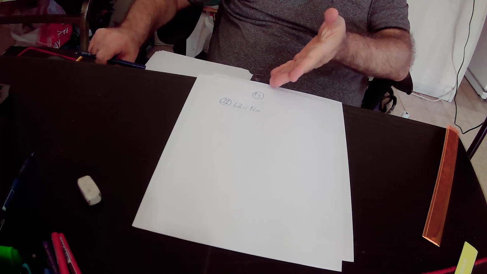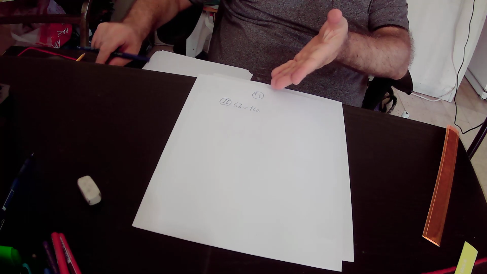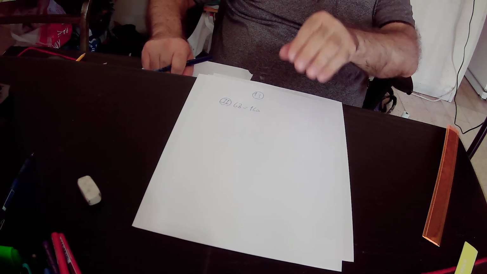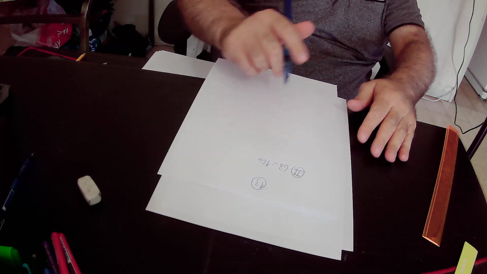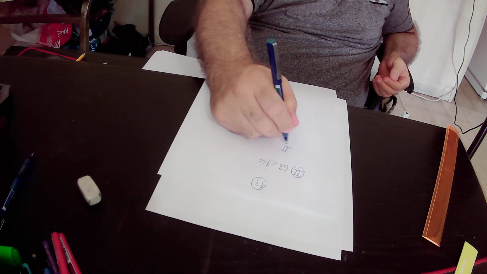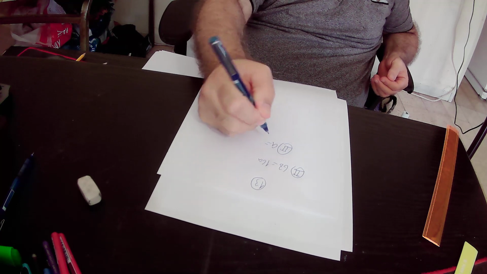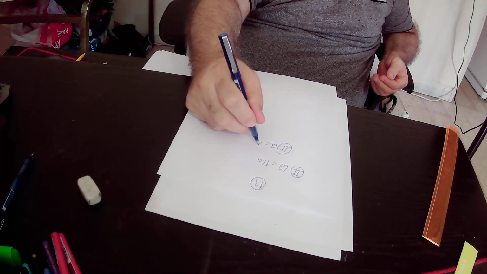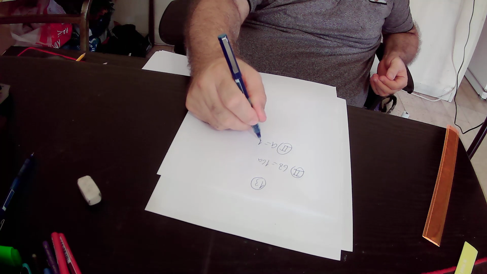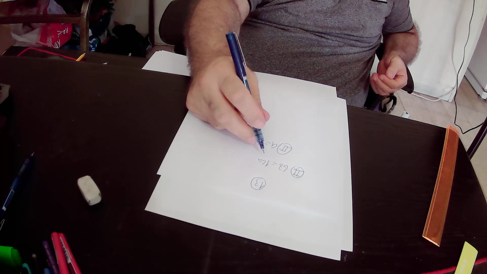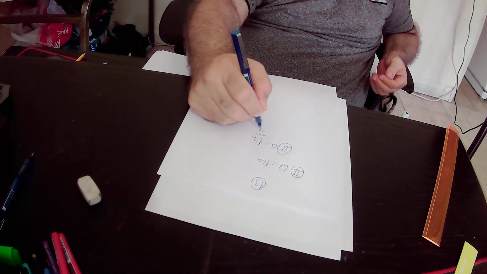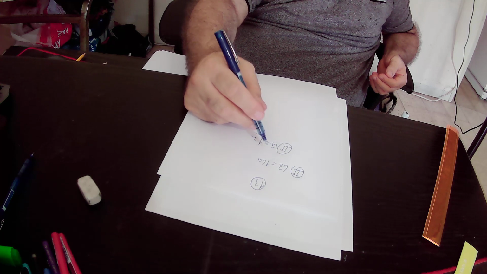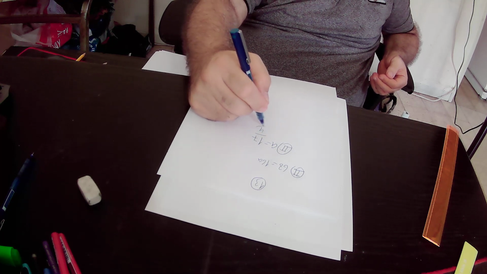Here we divide equation number 2 by 16 in order to get the value of a. Okay, and we will get that a equals 68 over 16, which is 17 over 4.